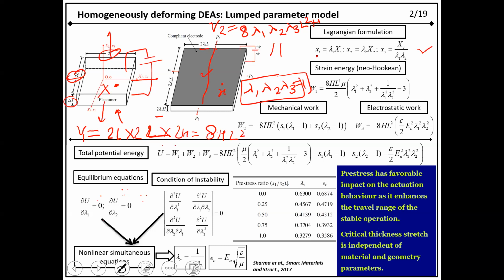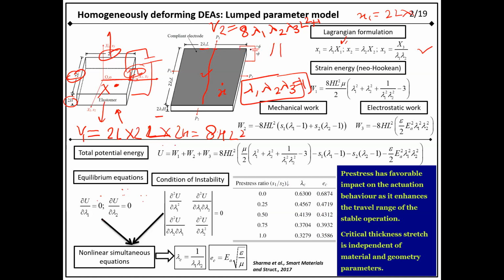For example, if we talk about this point, what is the coordinate? If we talk about the x coordinate of this point, that is nothing but 2L. And if you insert the 2L here, x1 will become 2L times lambda 1. You can check, we have written 2L lambda 1 here as the dimension.